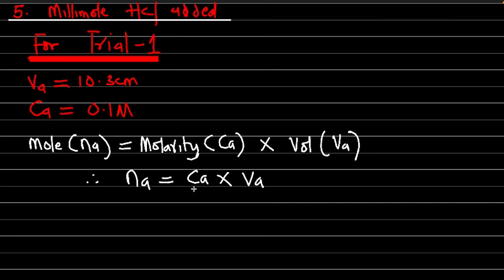Now recall this Ca is 0.1 molar, which is the same thing as saying 0.1 millimole per mL. So you can equally use this 0.1 without bothering about the unit. It's still the same thing. The volume is actually in mL, so the volume is 10.3 mL.